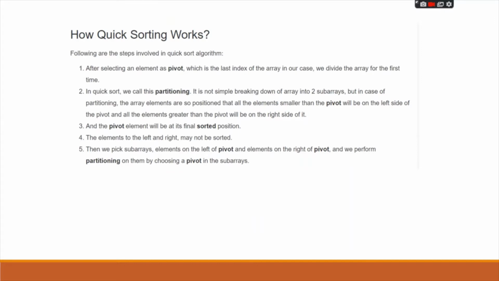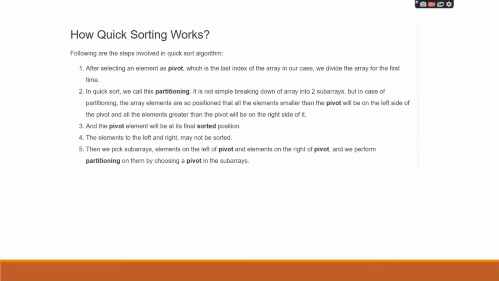So how does quicksort work in short? After selecting an element as pivot, which is the last index of the array in our case, we divide the array for the first time. In quicksort, we call this process partitioning, that is dividing the array for the first time using the pivot.